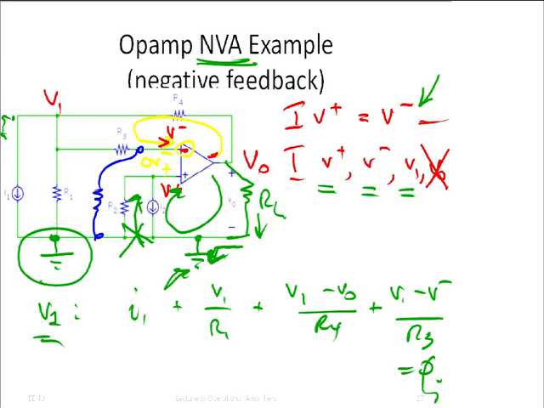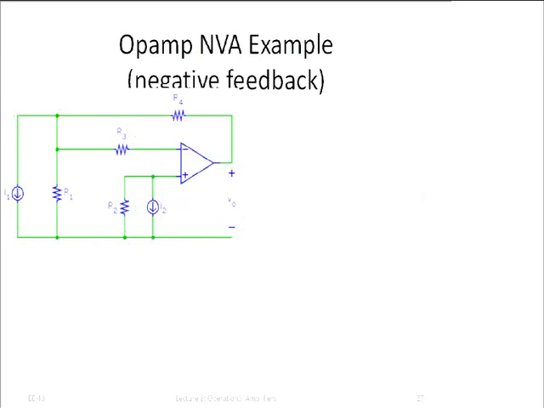Because I made it such a big mess, again, I'll try to summarize. First of all, we have to introduce the ground node, which also tells in this particular case that it's negative feedback. Then we have to identify all the unknowns, V1, V minus, V plus, V out.